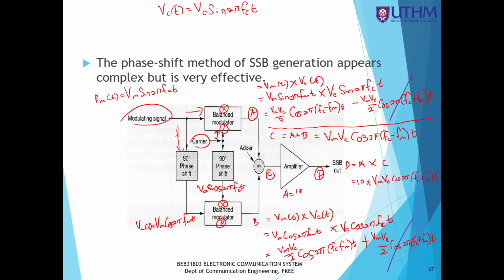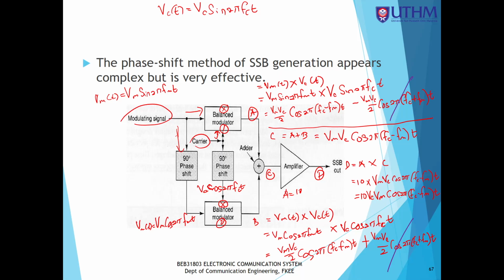Okay, so it becomes 10 Vc Vm cos 2 pi of the lower sideband (Fc minus Fm)T. So this is at point D.